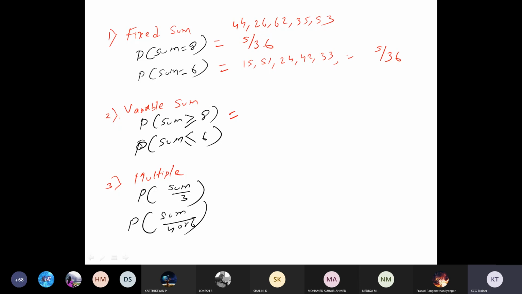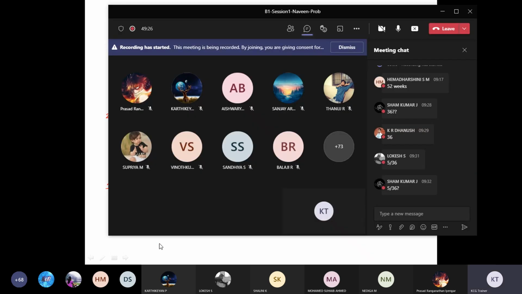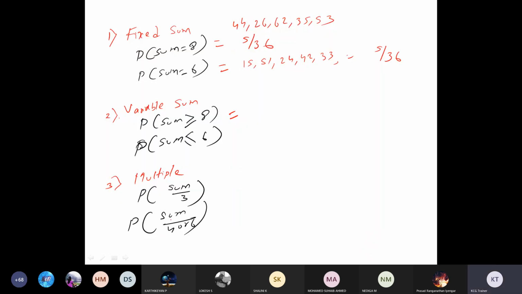So what is the probability in two dice where sum is greater than equal to 8? Please count and tell me.